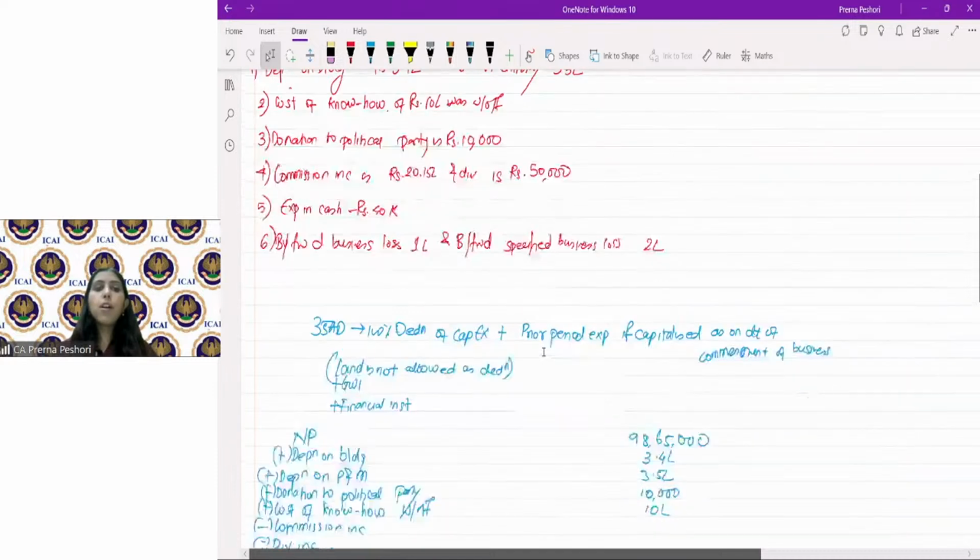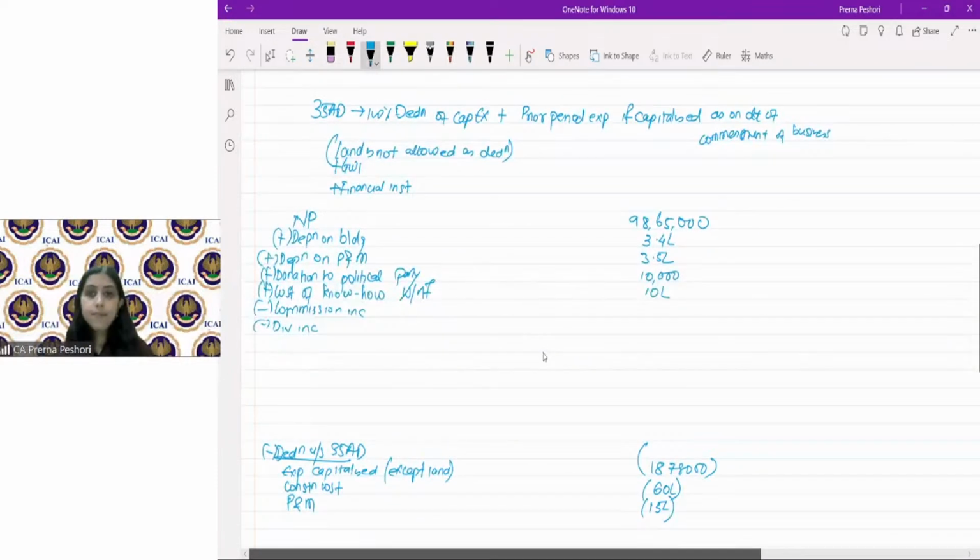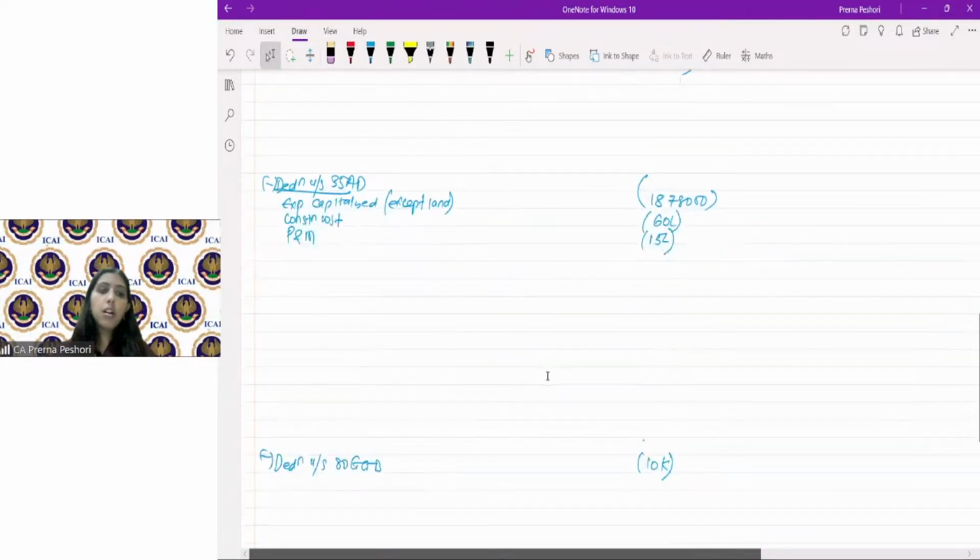So 20.15 lakh and 50,000, and I'll put it under income from other sources, commission income and dividend. Fine.